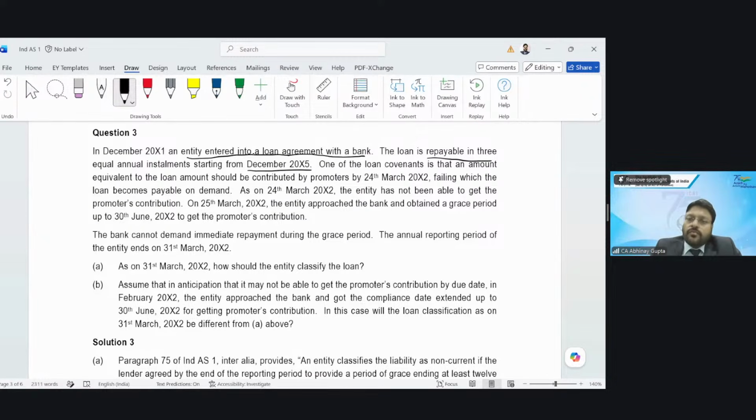One of the loan covenants is that an amount equivalent to the loan amount should be contributed by the promoters by 24th March 2002. So there is a covenant that an amount equivalent to the loan amount should be contributed by the promoters into the company by 24th March 2002.